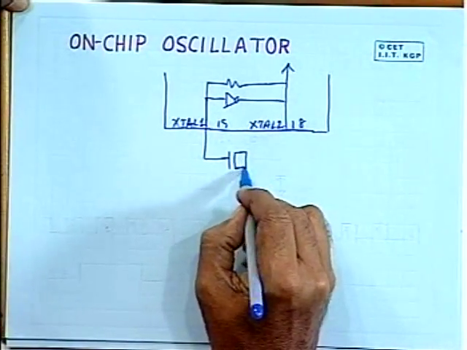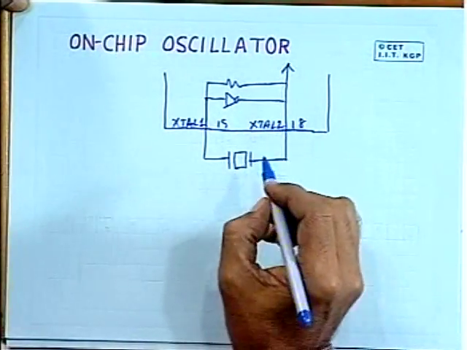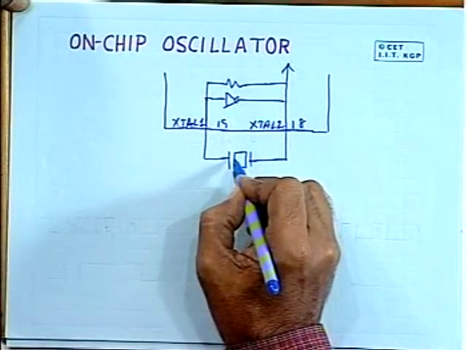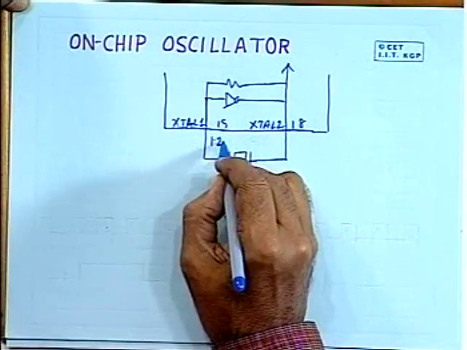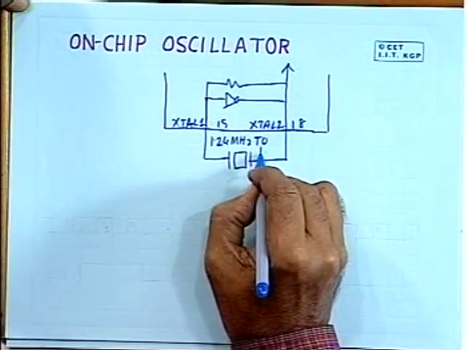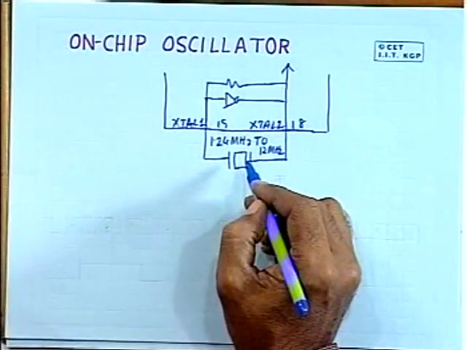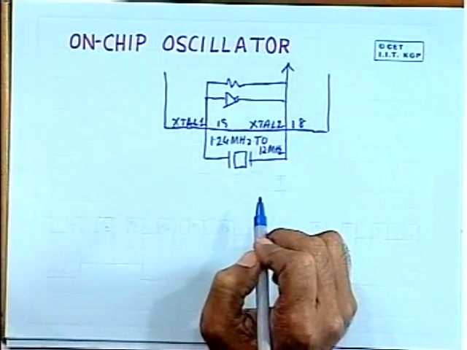A crystal has to be connected externally between these two pins, and the clock frequency of this crystal can vary from 1.24 megahertz to 12 megahertz. This is the range of frequency over which this particular microcontroller will work.